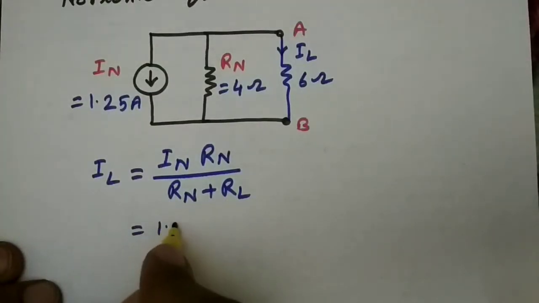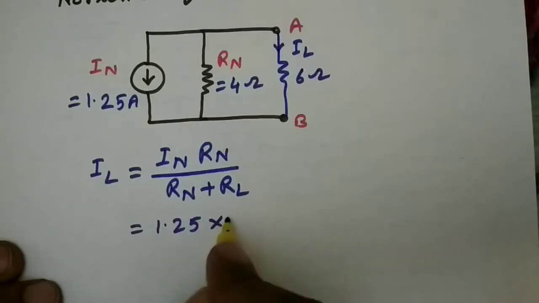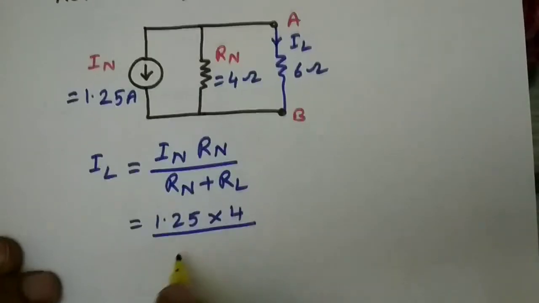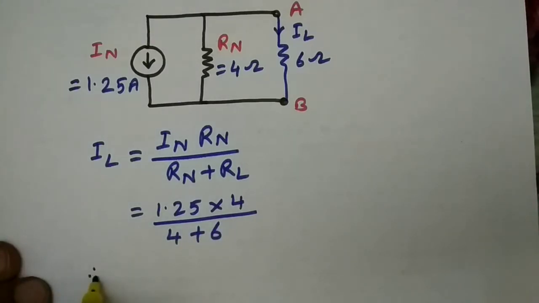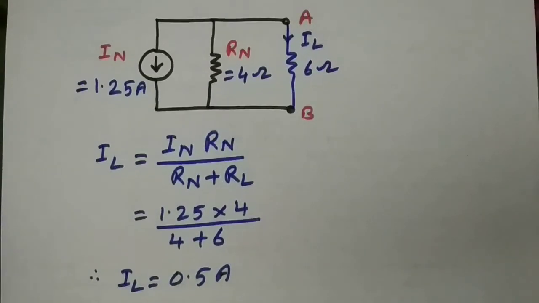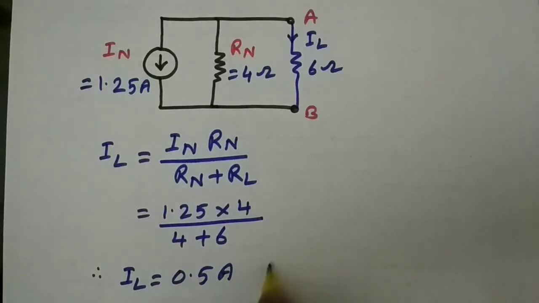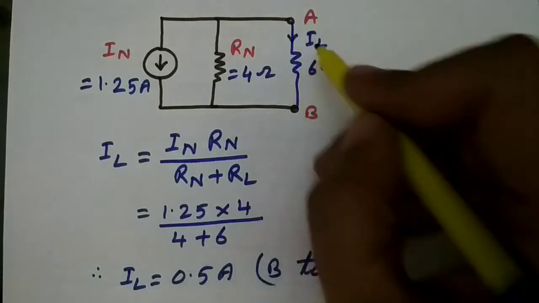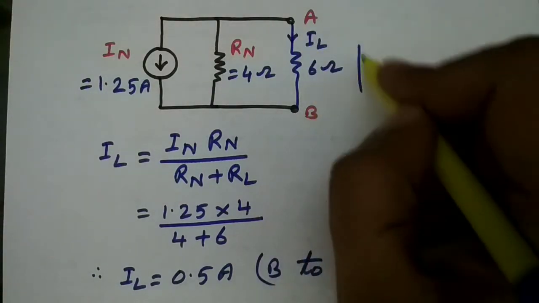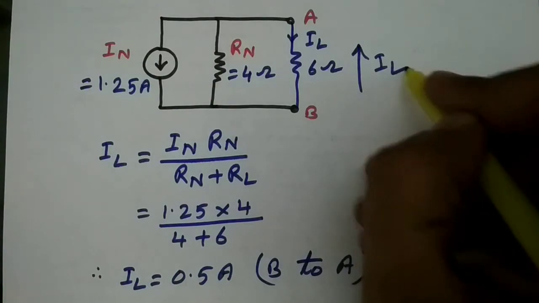IN is 1.25, Rn is 4 upon 4 plus 6. So finally the value of IL will be equal to 0.5 ampere, and remember here the direction of the current will be from B to A. As the current IN direction is downward, the current will be between A and B. This will be the value of IL.